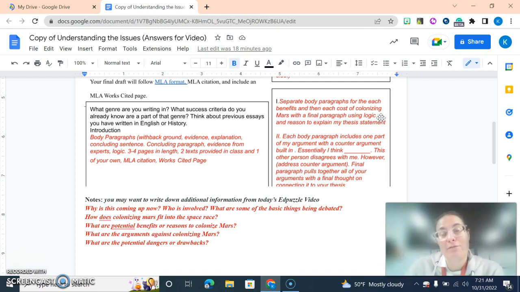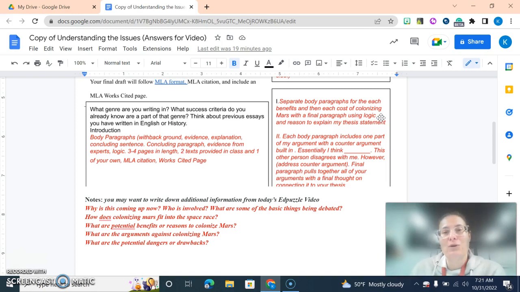And then you could have 3 paragraphs discussing the dangers or drawbacks of colonizing Mars. Then in your conclusion, you would return to your thesis statement and give your logical reasoning for why either the benefits outweigh the costs or the costs are too high and the benefits aren't good enough to warrant what it will cost us. Now remember, costs aren't just money, it's also human life, it's also danger or risk.